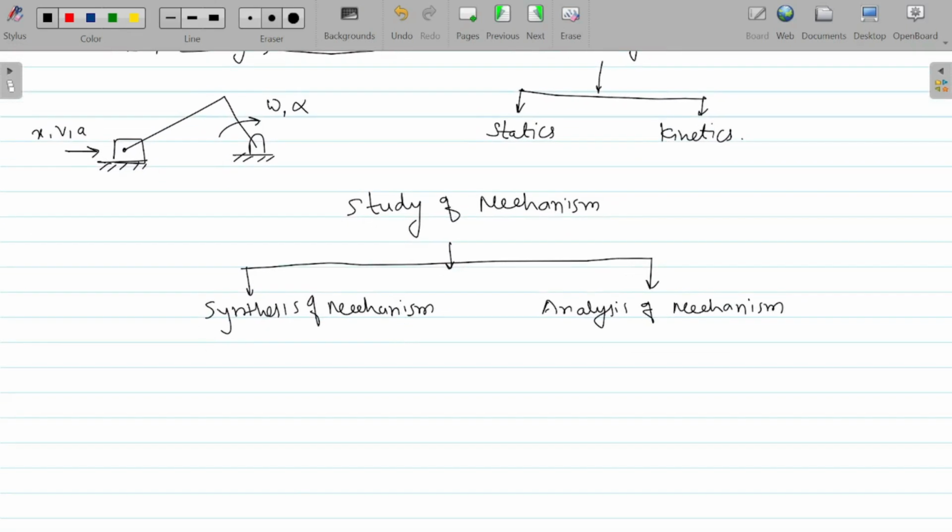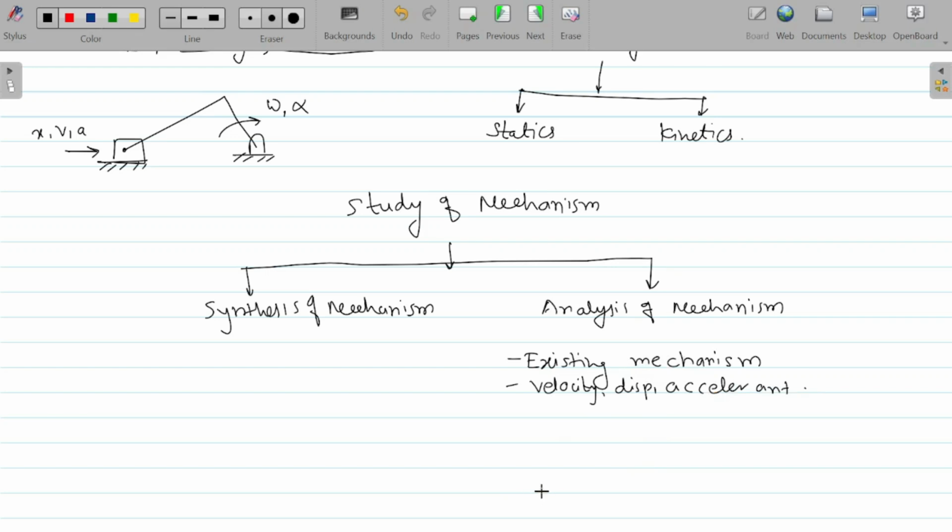So what is the analysis of mechanism? In analysis of mechanism we are having an existing mechanism, and for this existing mechanism we are finding out what will be the velocity, displacement, and acceleration at various points on the mechanism.